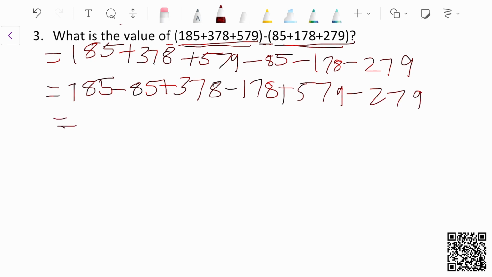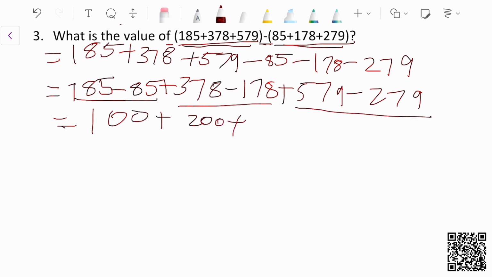So this would equal, the first one is 100. The second one is 200, and the third set is 300. And when we add these together, 500 plus 100, 600.